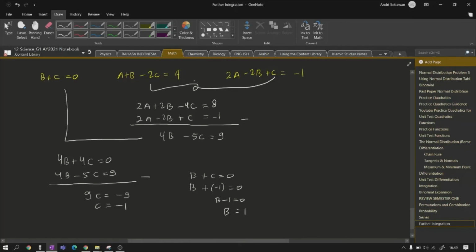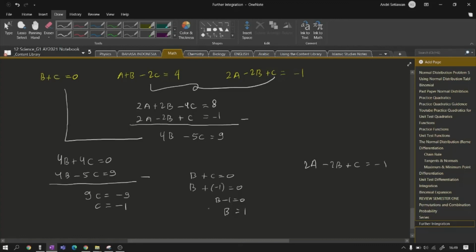So to get the value of a, we can choose the second or the third equation. I will choose the third: 2a minus 2b plus c equals -1.